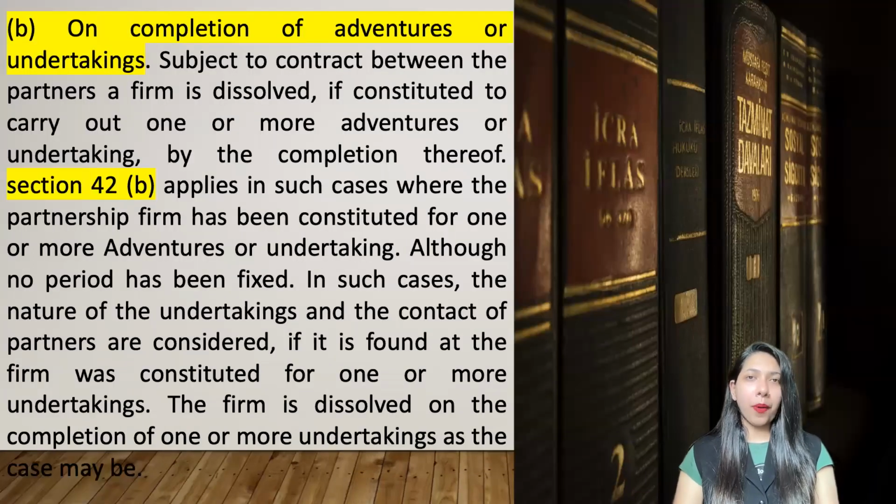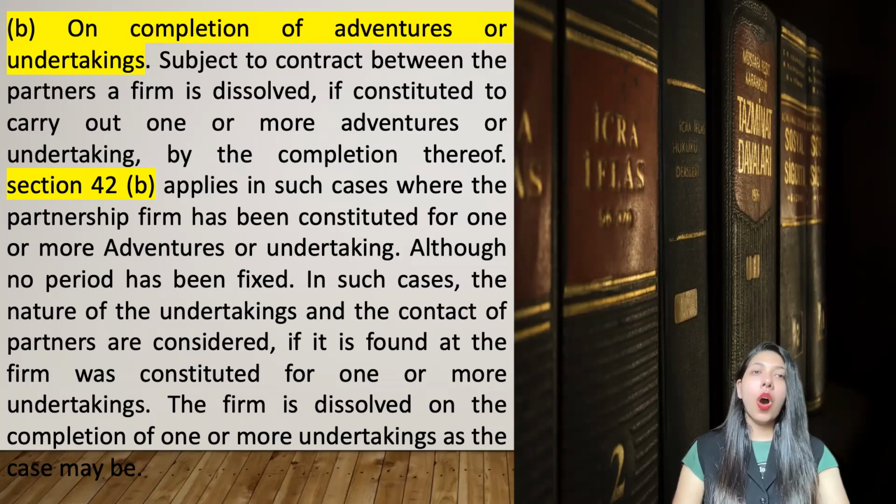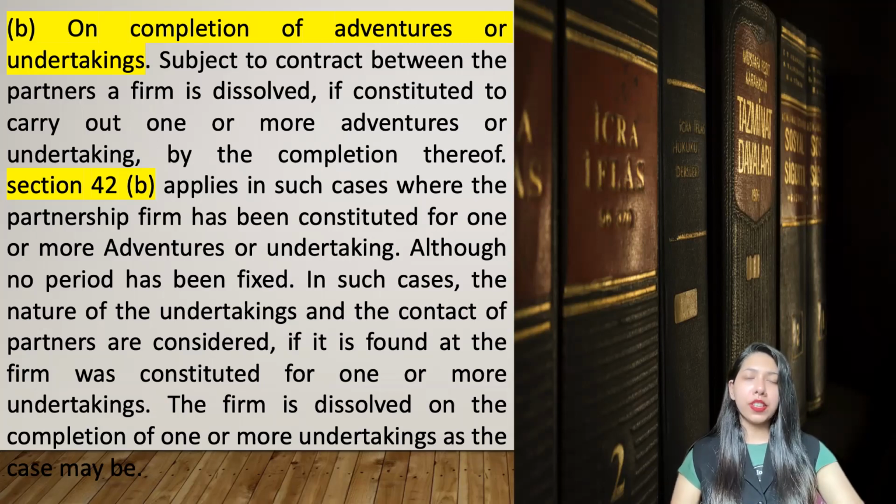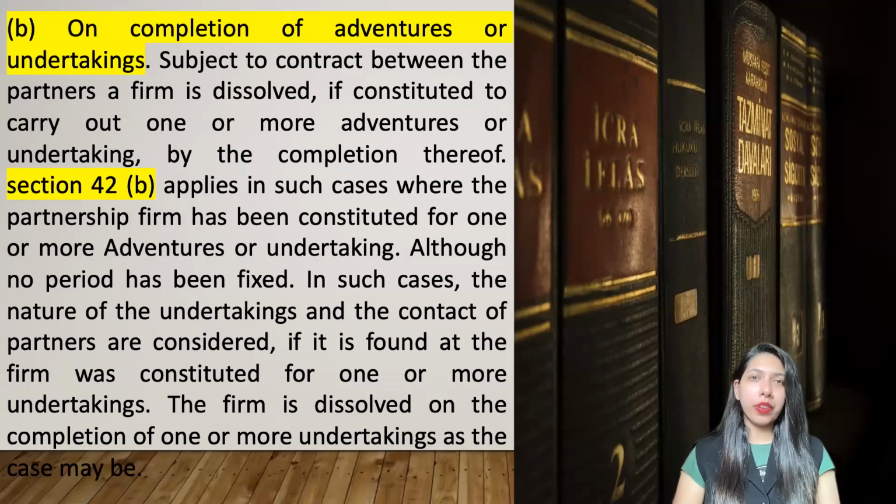And the second point is on completion of adventure or undertaking. This is based on Section 42 subclause B, and the meaning is that if we enter into a partnership in order to carry on a particular business or an undertaking, then after the completion of such adventure, it is not about the time period, it is about the completion of the adventure or undertaking.